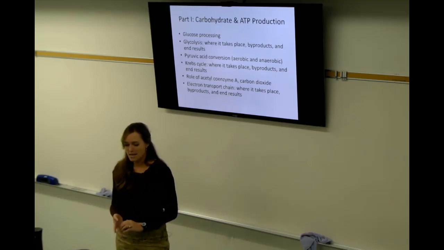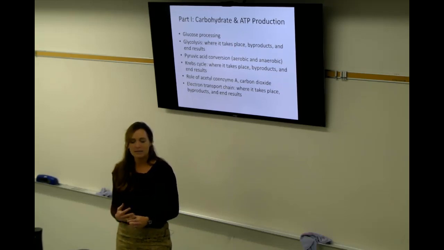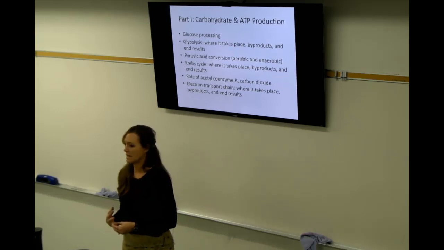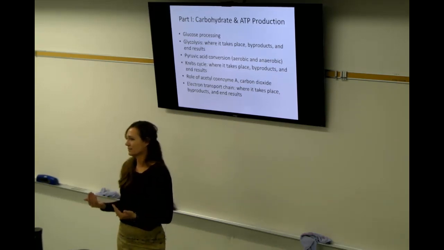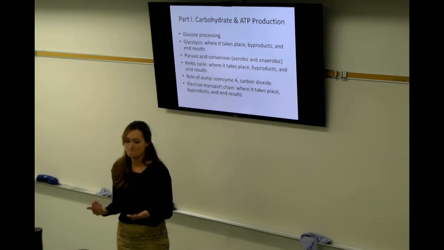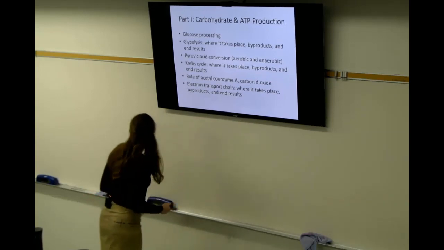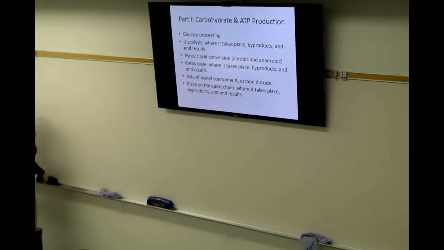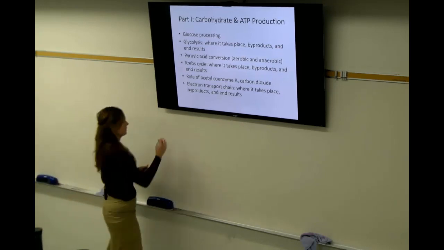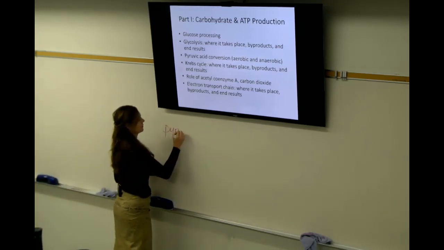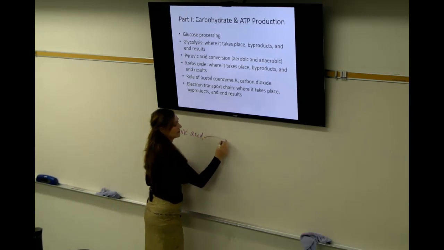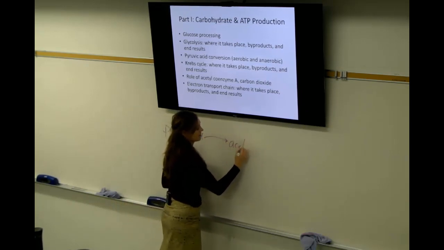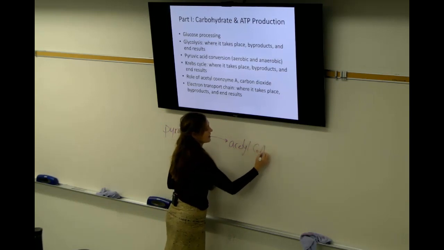Yep. So what happens to pyruvic acid in an aerobic state? Pyruvic acid turns into what? Acetyl-CoA. Maybe I'll write that down. So pyruvic acid is going to become acetyl-CoA.